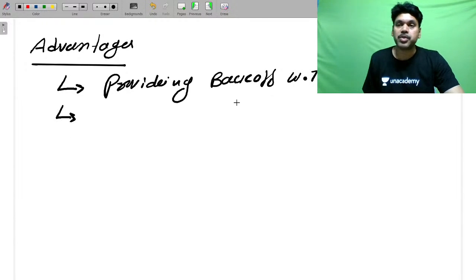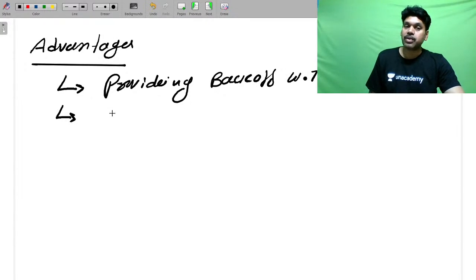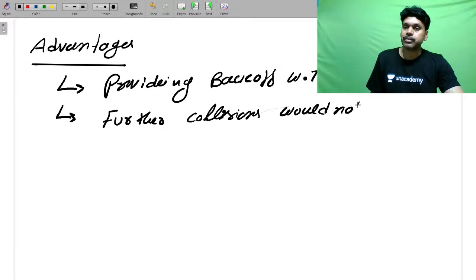What is the advantage of providing Backoff waiting time? Yes, there is an advantage. The next further collisions would not be among nodes.